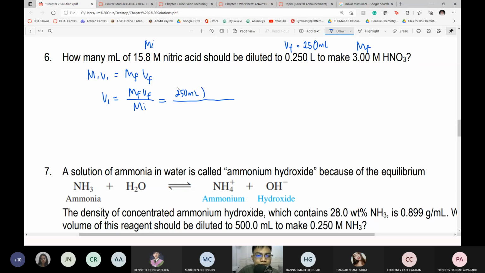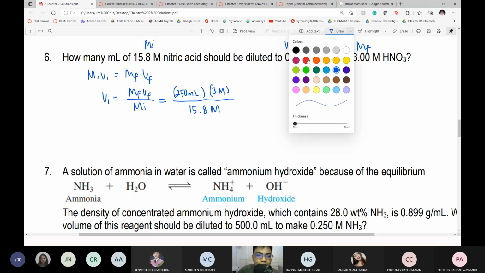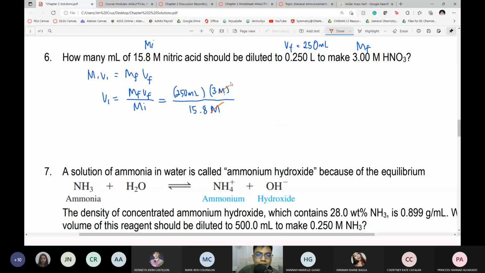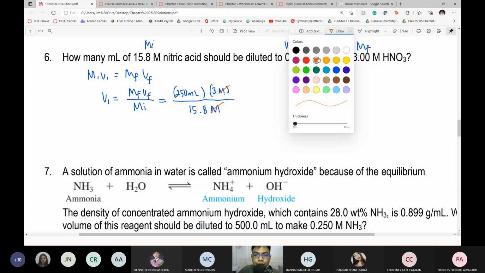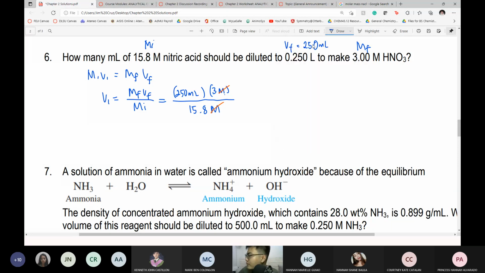Final concentration, that's 3 molar. And the initial concentration 15.8 molar. So what is the answer? 47 ml. Okay? So yan yung kailangan.